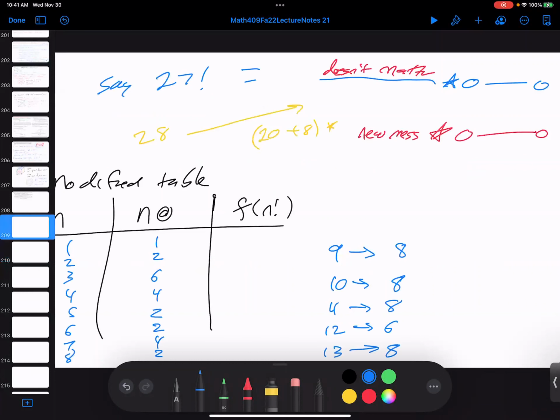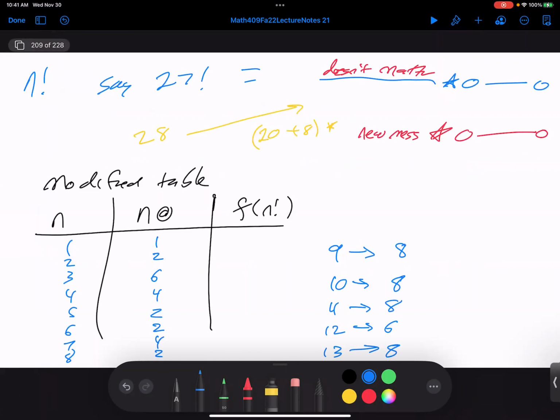So the question is over here, does it have to eventually repeat? And how far do we have to go before we'll eventually repeat? What do you think? Yes, because you're always multiplying two numbers and the two numbers have finite options.